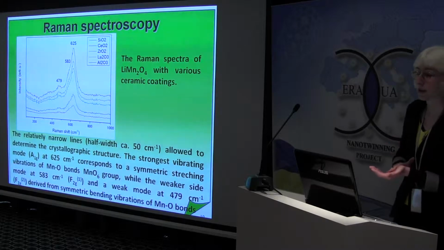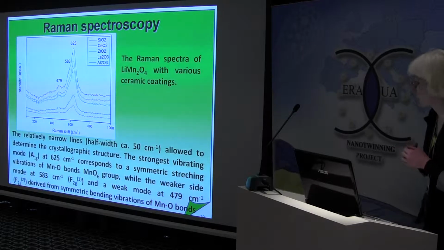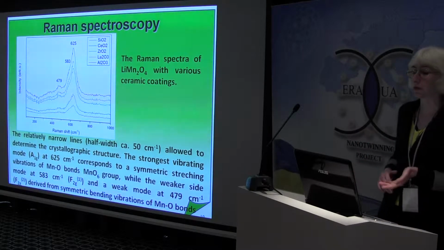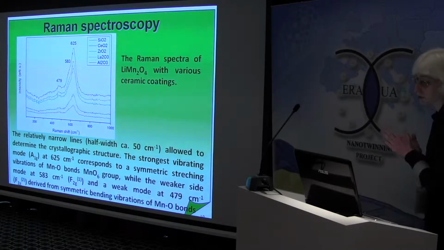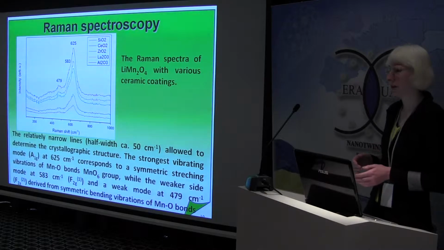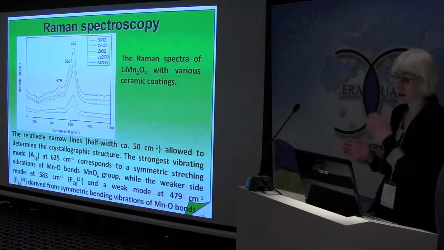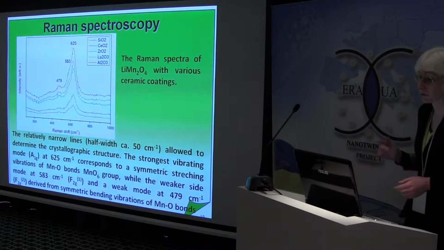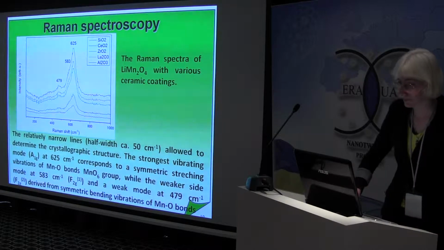The strongest vibrating mode at 625 cm-1 corresponds to a symmetric stretching vibration of manganese oxide bonds in MnO6 groups, while the weaker side mode at 583 cm-1 and a weak mode at 479 cm-1 derive from symmetric bending vibration of manganese oxide bonds.